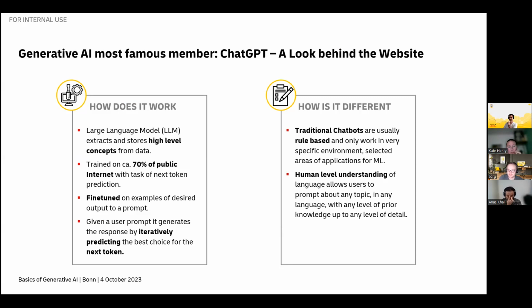ChatGPT is a so-called large language model, which was developed by OpenAI. And large language models are not only ChatGPT, but all these other latest and greatest chatbots you might be familiar with, like Bard or Perplexity and so on.